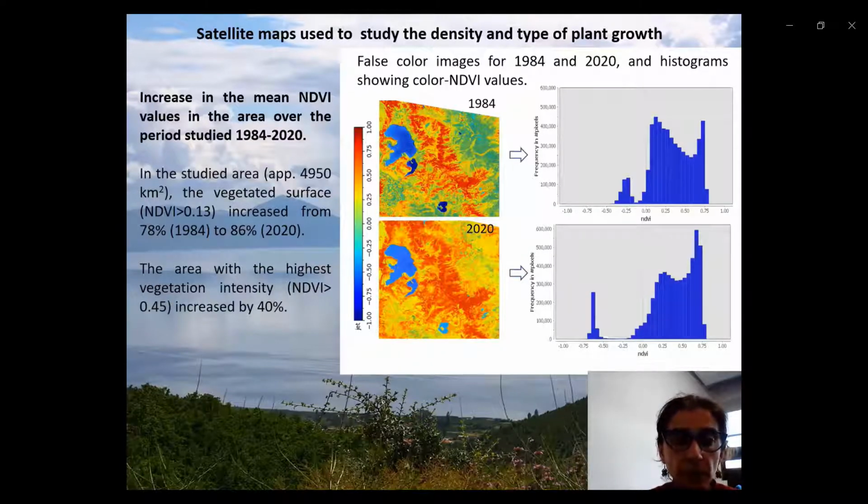And when we calculated this studied area, which was about 5,000 square kilometers, we saw that the vegetated surface, which has a value of NDVI greater than 0.13, increased from 78% to 86%. And when we looked at the area with the highest vegetation intensity, this is higher than 0.45, this increase was 40%. So there is an increase in the vegetation in this area.